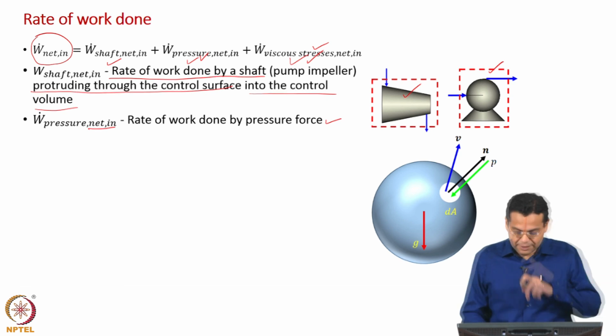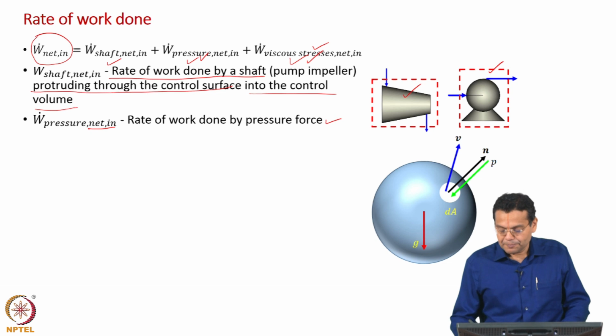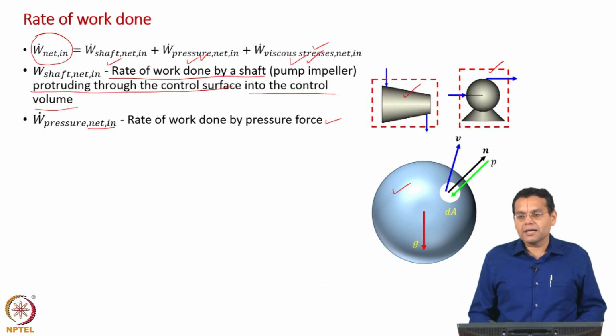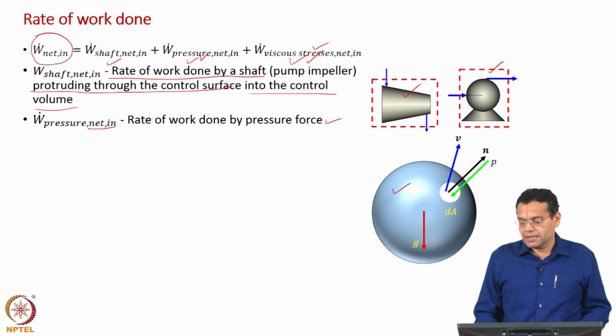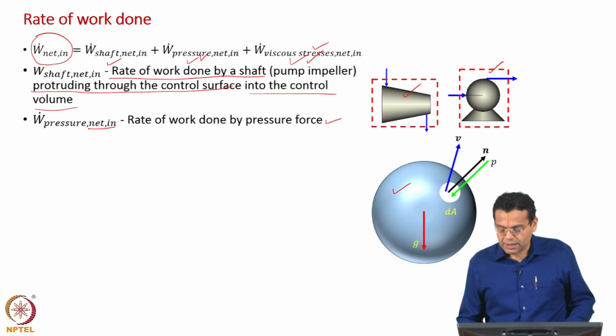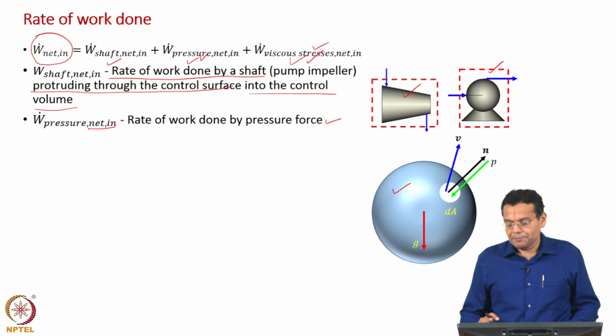To understand that, let us look at this figure. We have come across this figure earlier when we discussed the pressure force on the right hand side of the integral linear momentum balance. The same figure is here as well, with one small addition. A small control volume is shown. For convenience, a sphere is shown, but it could be any control volume.